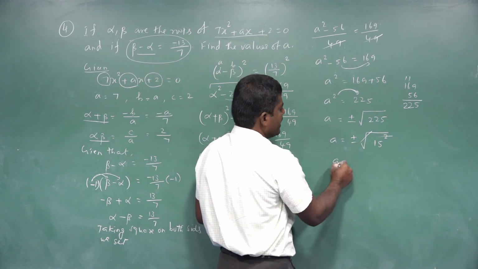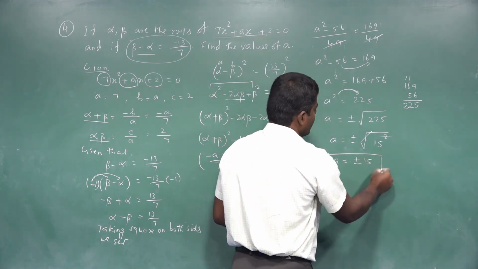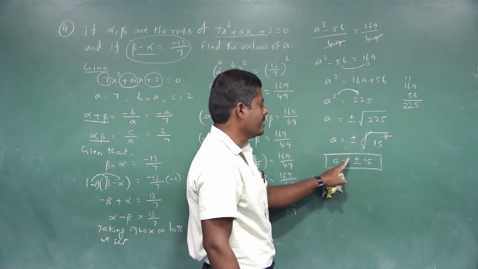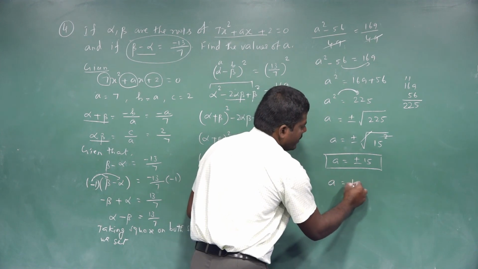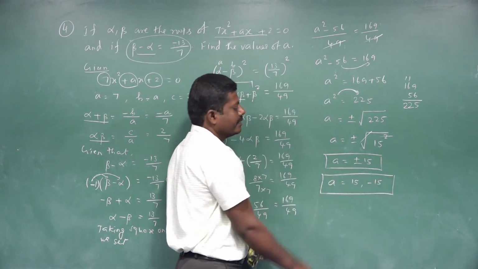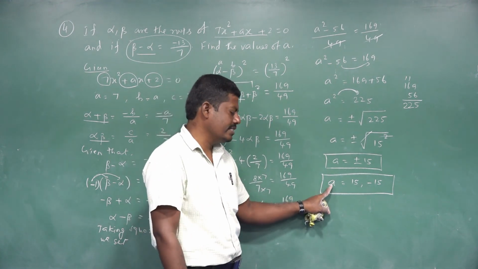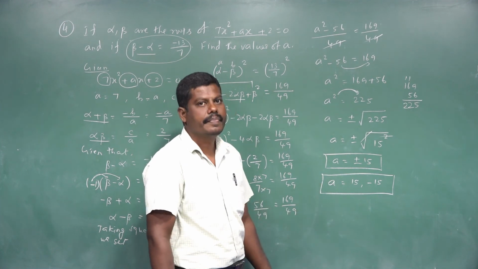The answer is a is equal to plus or minus 15. Otherwise, the values of a are 15 comma minus 15. Understand?